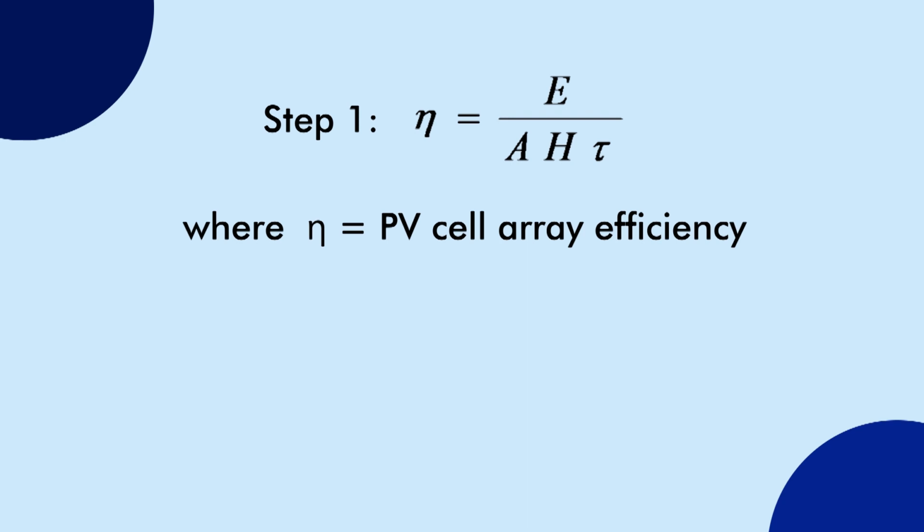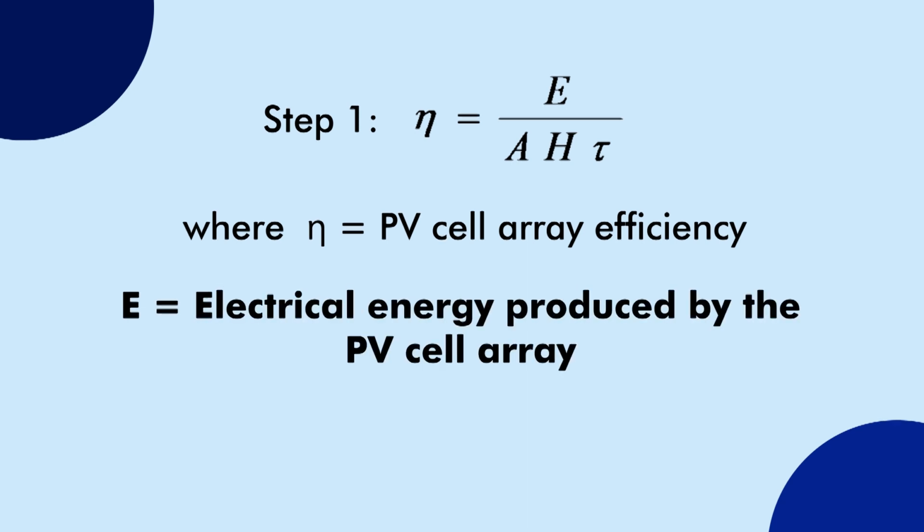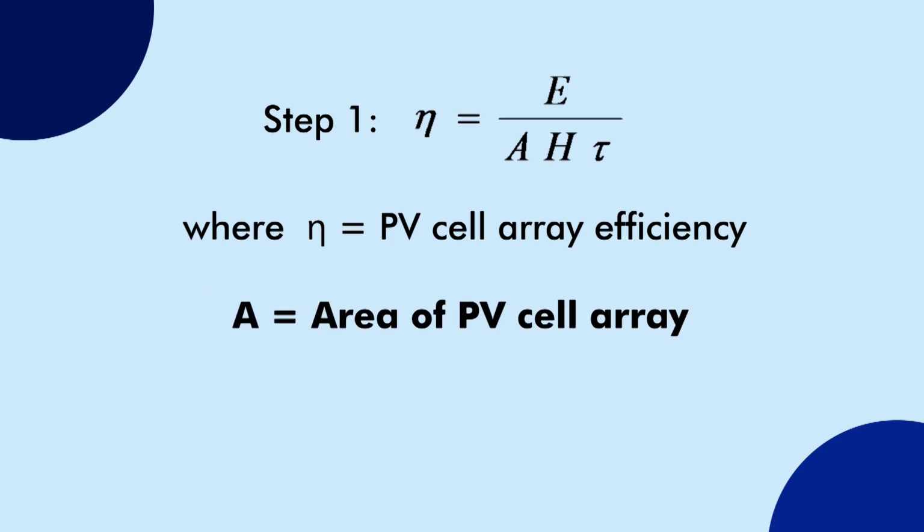Efficiency can be written as eta = E / (A H tau), where eta is denoting the PV cell efficiency and capital E is denoting the electrical energy produced by the photovoltaic cell, module or array. Capital A is denoting the area of the PV module.